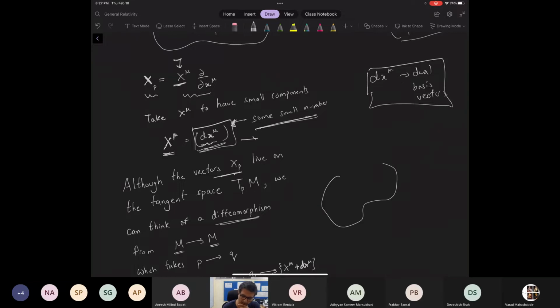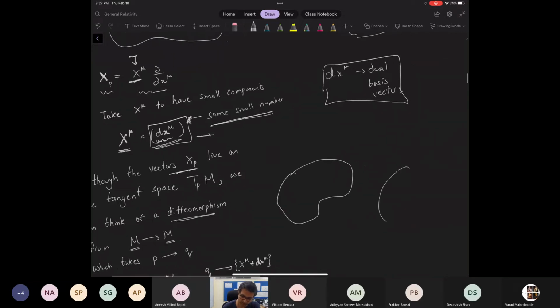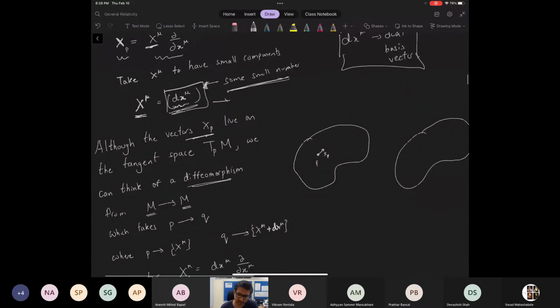That is, you think about the manifold, a copy of the manifold, this point P, and the vector X_P. Although it lives in a tangent space which is not on the manifold, there is a way to think about this, which we have not shown.